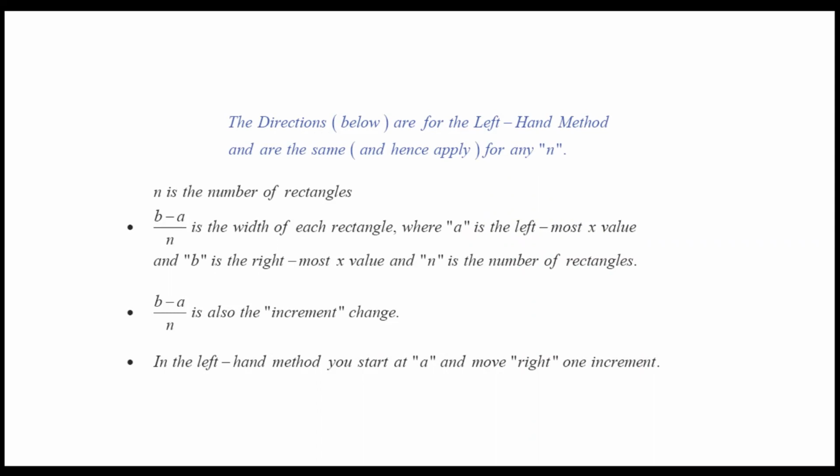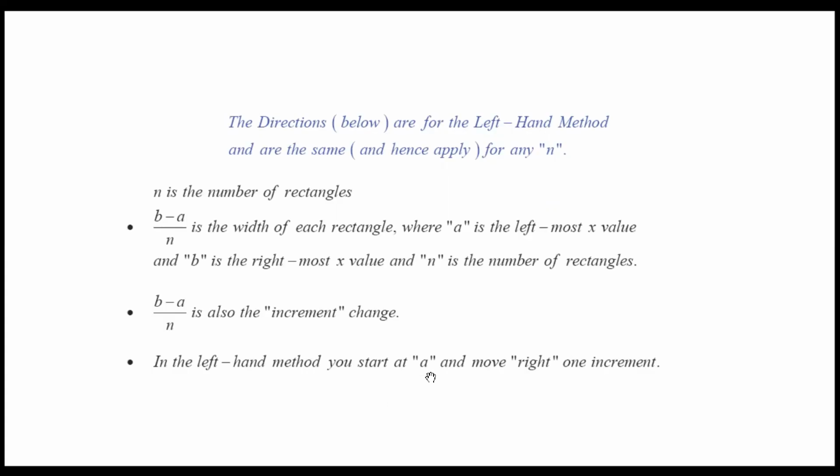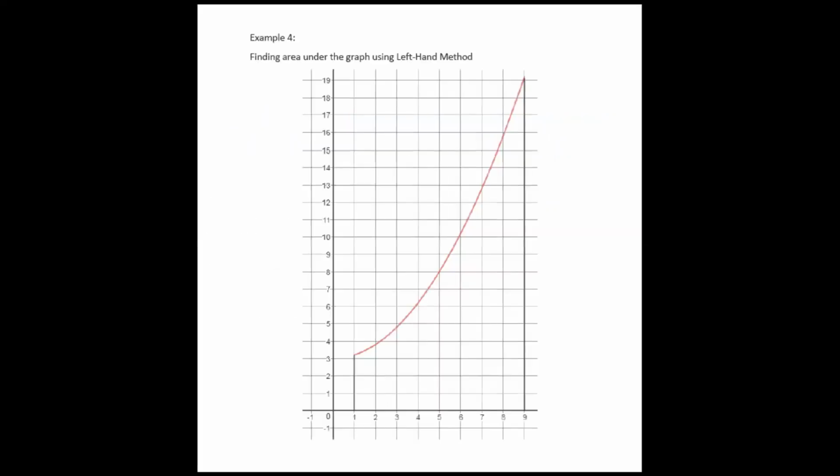Now, in the left-hand method, you start looking at the region from the leftmost point, which we're going to call A. In our region here, A is 1. And the rightmost point, we're going to call B. And in our region here, B is 9.